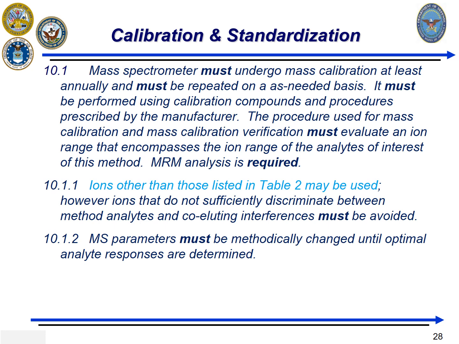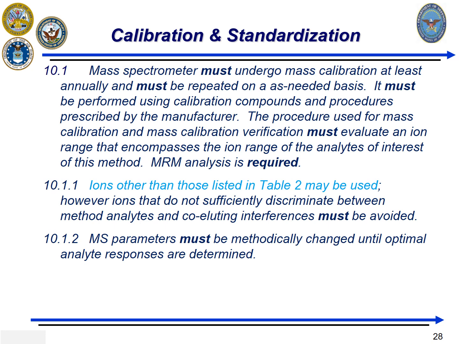The MRM analysis is required. Section 10.1.1 states other ions other than those listed in Table 2 may be used. However, ions that do not sufficiently discriminate between method analytes and co-eluting interferences must be avoided. The method also states that MS parameters must be methodically changed until optimal analyte responses are determined.